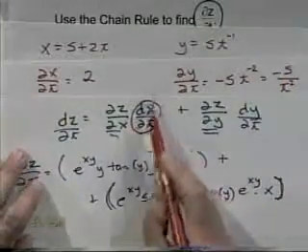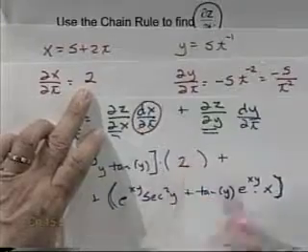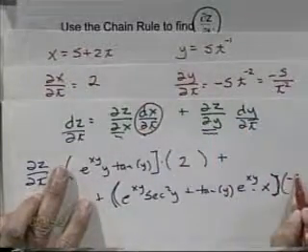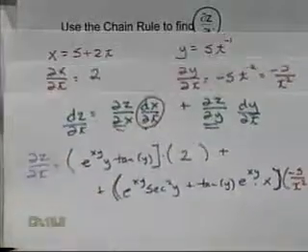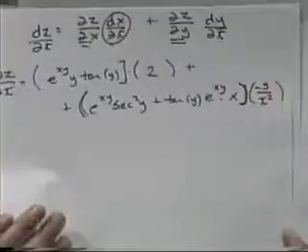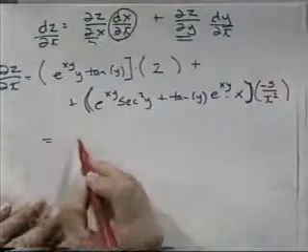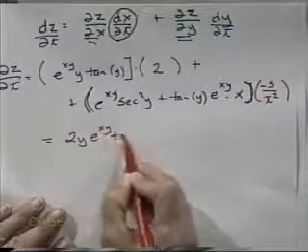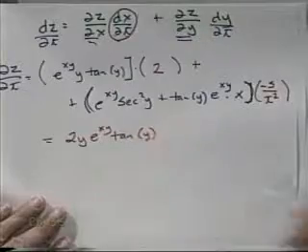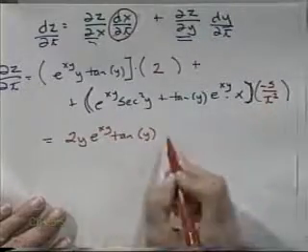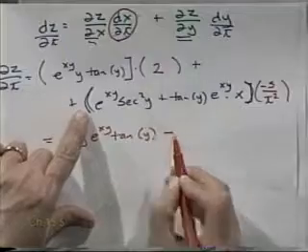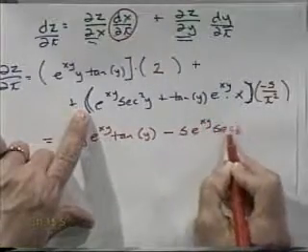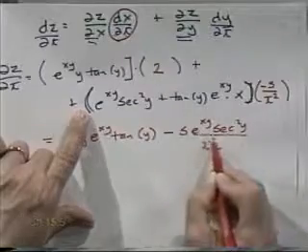So for the partial of x with respect to t, I just put in a 2, and for the partial of y with respect to t, I'm going to put in minus s over t squared. And the rest is simplifying using a little bit of algebra. If I write this out, I'd get 2y e to the xy tangent of y. And then I go this times this, I get minus s e to the xy secant squared y over t squared.